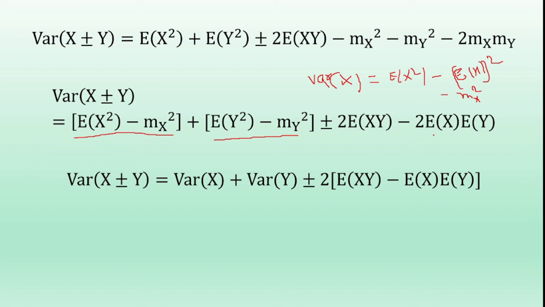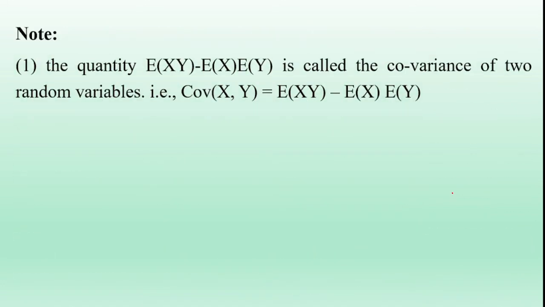So in these two terms, 2 is common: 2 into expectation of xy minus expectation of x, expectation of y. So this is the third property. Variance of x plus or minus y is equal to variance of x plus variance of y plus or minus 2 into expectation of xy minus expectation of x, expectation of y. And expectation of xy minus expectation of x into expectation of y is called the covariance of the random variables, denoted as covariance of x comma y.